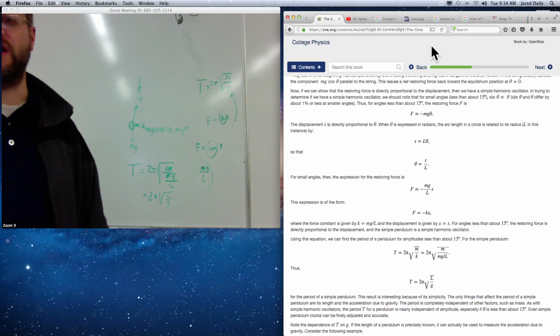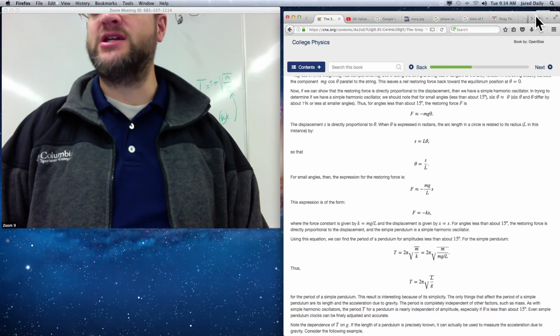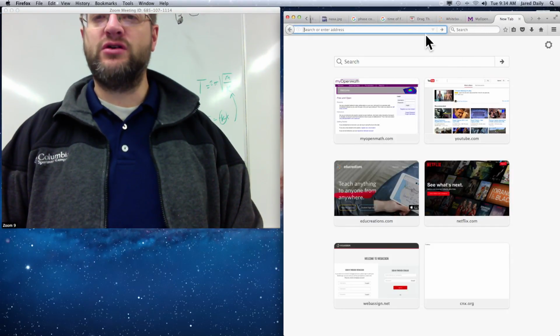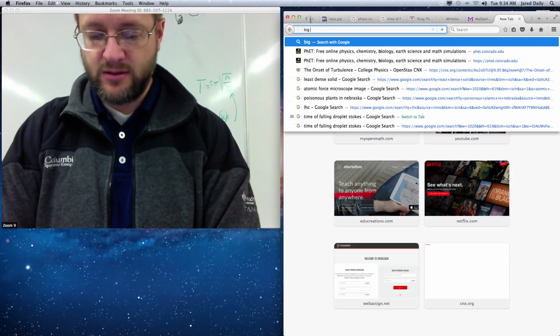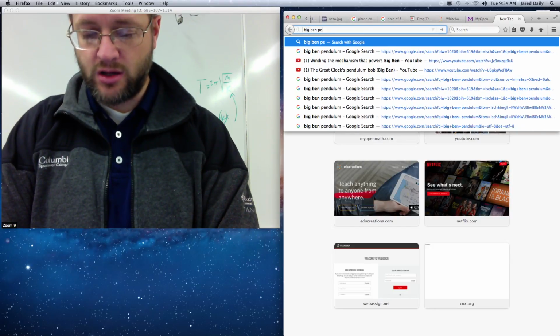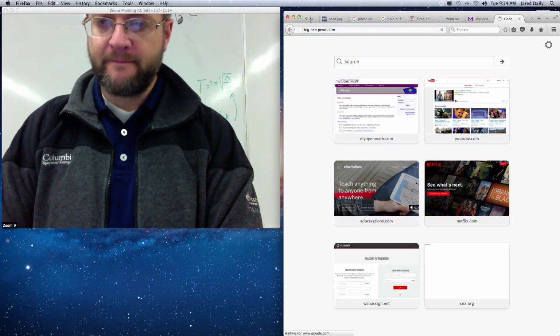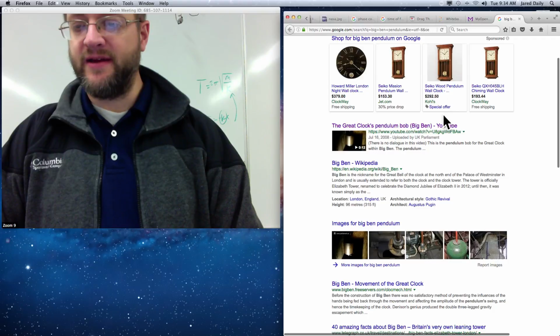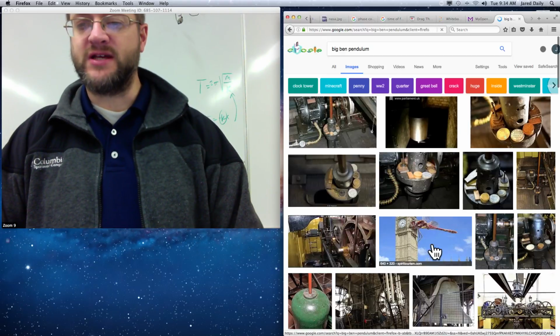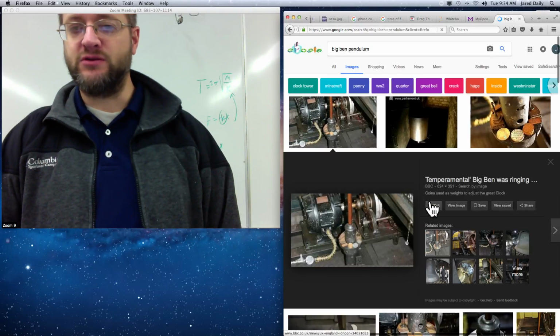And there's a really interesting application of this. If you go to one of the most famous pendulums in the world, the Big Ben clock, and if you have an opportunity to go inside and see what the bottom of the pendulum looks like in Big Ben, this is what you will see.